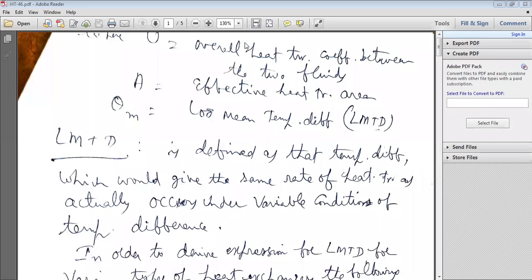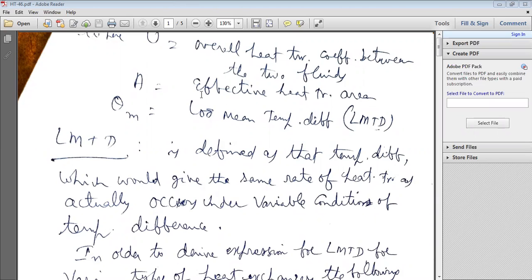Okay, in the last class, we have discussed the parallel flow heat exchangers, counter flow heat exchangers, cross flow heat exchangers, and how the temperature varies along the length of the heat exchanger, and what is parallel flow, what is counter flow, what is cross flow has been given, and how overall heat transfer for any heat exchanger.